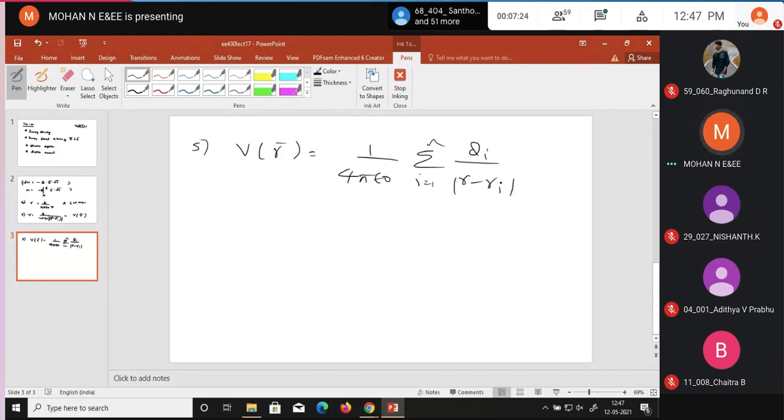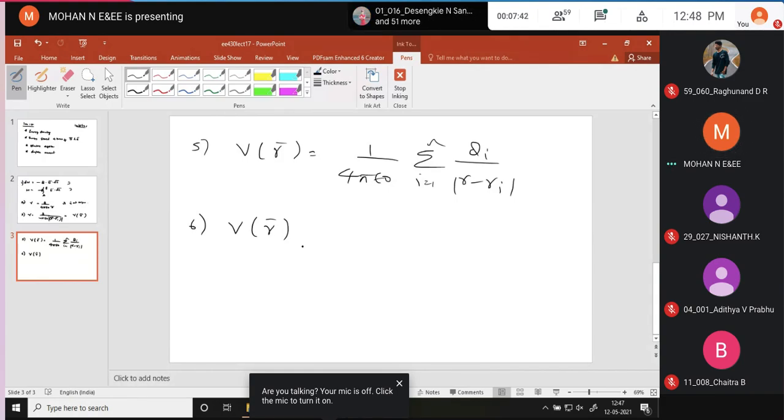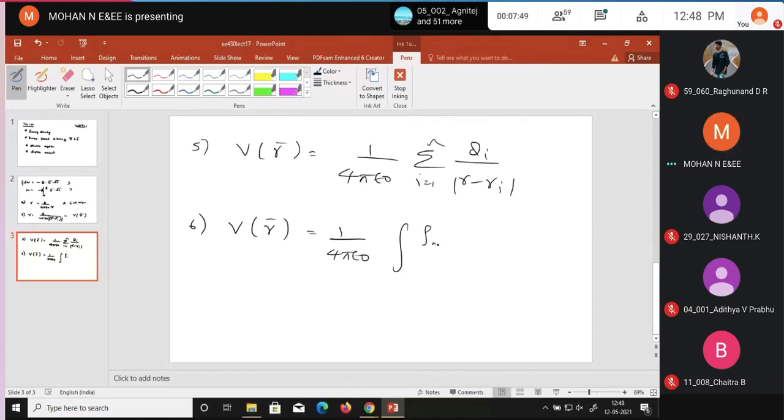And you can extend it to a line charge, that is 1 by 4 pi epsilon naught integral of rho l of r dash dl divided by magnitude of r minus r dash.